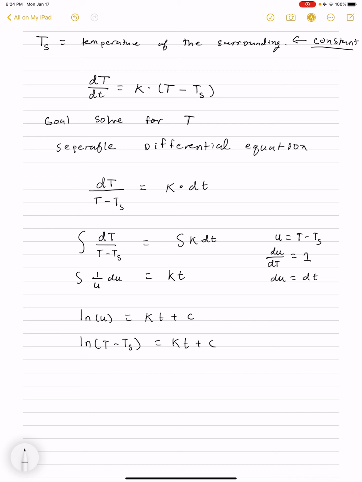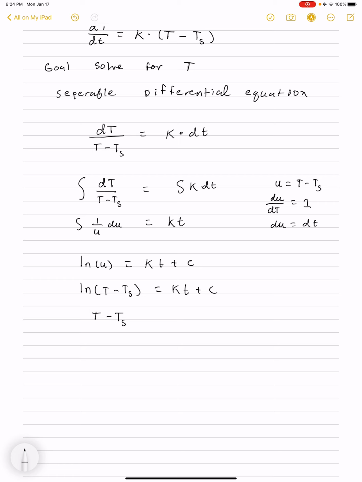To get rid of the logarithm, we use its inverse. So this becomes e to the c plus kt, and this will be e to the c times e to the kt. This is treated as another constant.